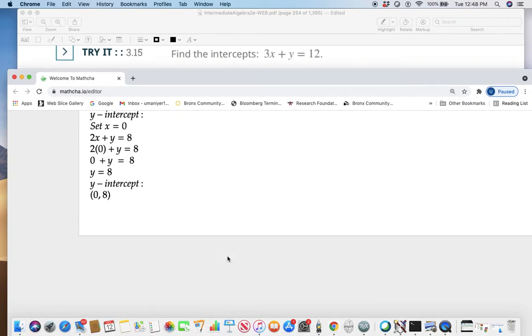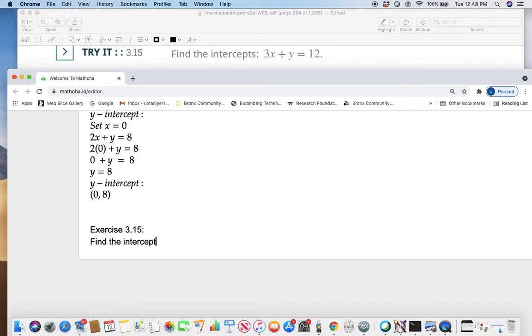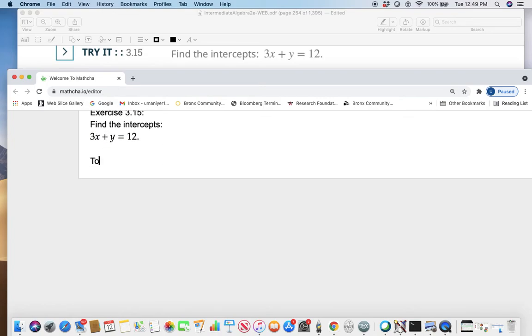Exercise 3.15. Find the intercepts. 3x + y = 12. Okay, so let's proceed. To find the x-intercept, what do we do? We set y equals 0. That's the first step.